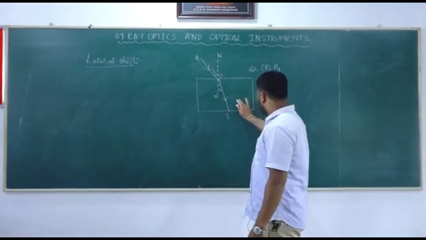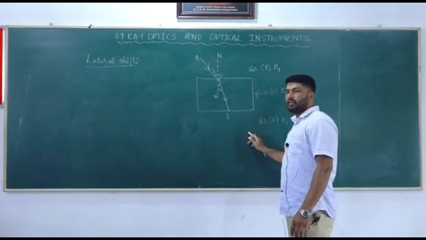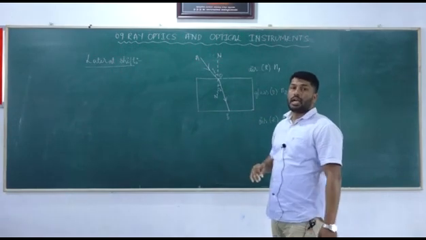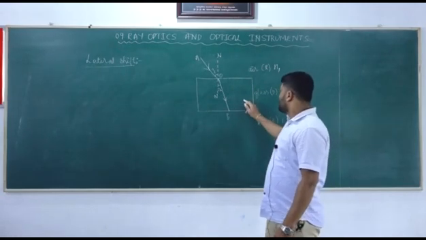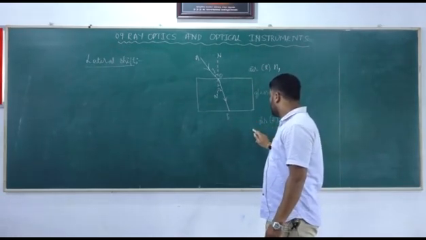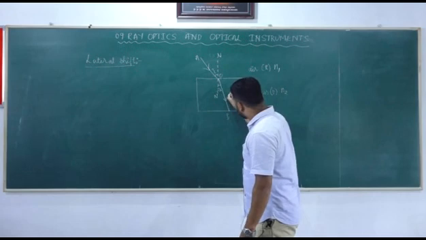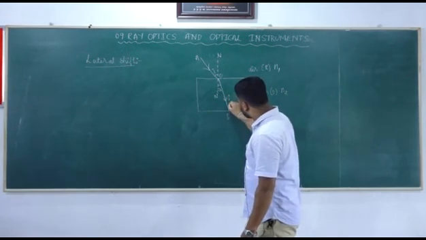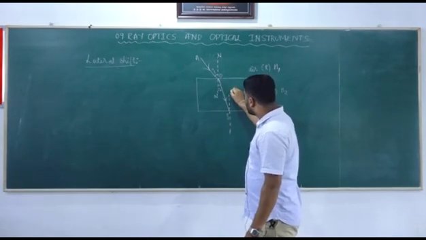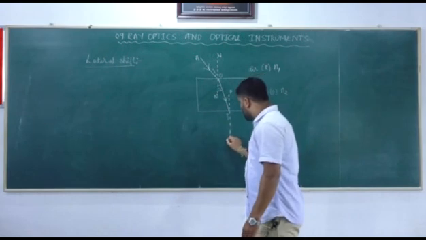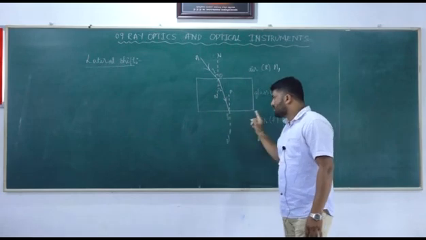Now coming to the other surface. It is a glass medium and below that there is an air medium. Once again refraction takes place due to the difference in media. Then we draw the normal for the second surface, PP dash.